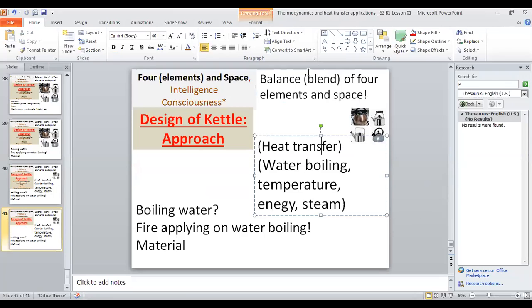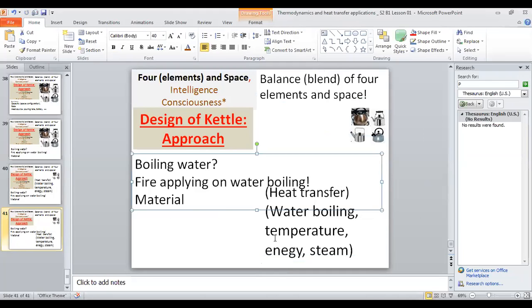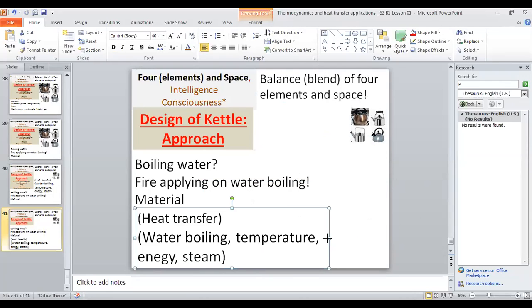Again, we start from the known to the unknown. You know water boiling. You know about fire. You know about material. And now you know about the four elements as well. So you have the basics of this.